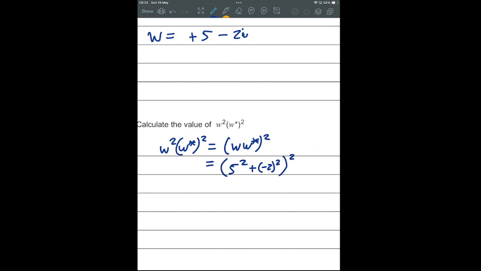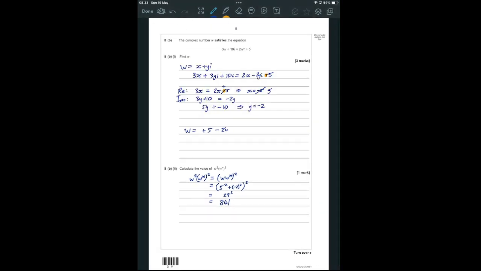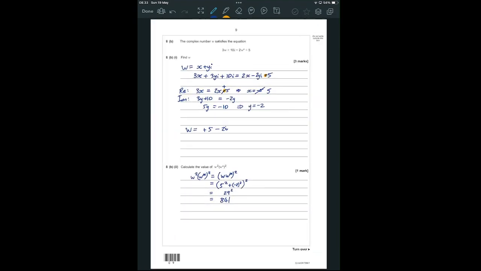It was just the x squared plus y squared. And this way, I don't need to multiply complex numbers together at all. I'm just doing numerical work. That's only 1 mark, so maybe I could have even done that in my calculator with no calculation at all.